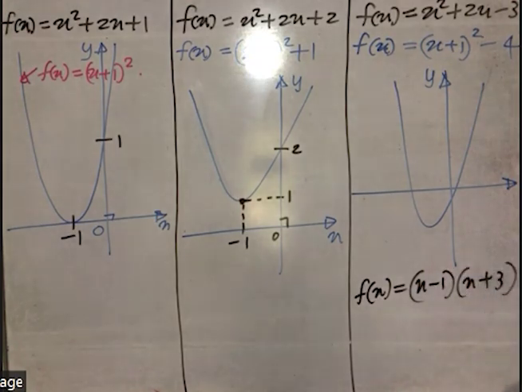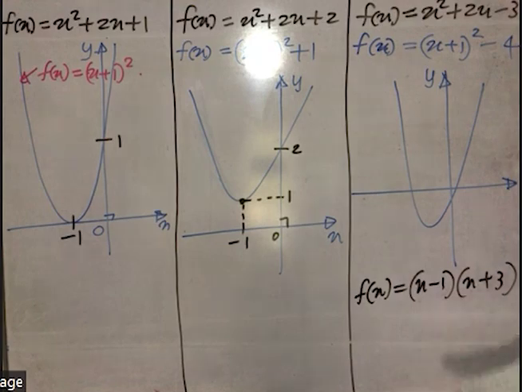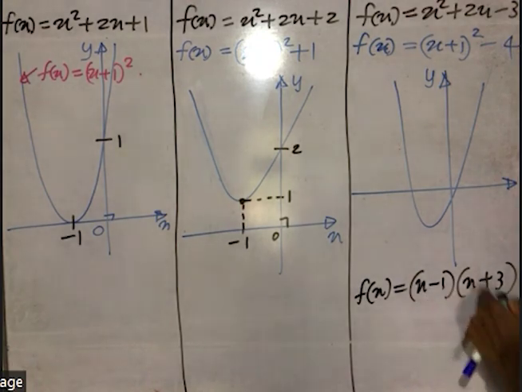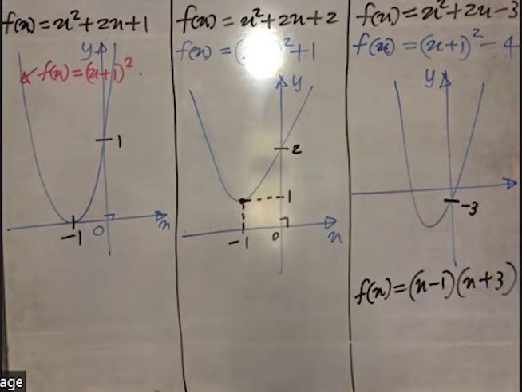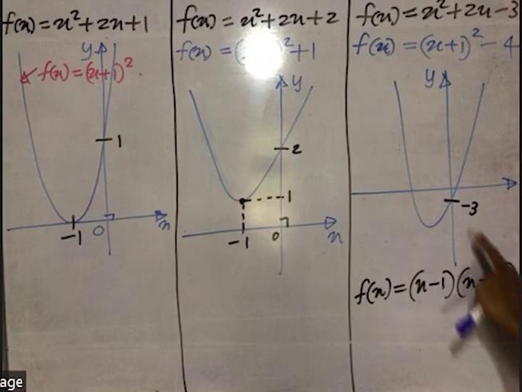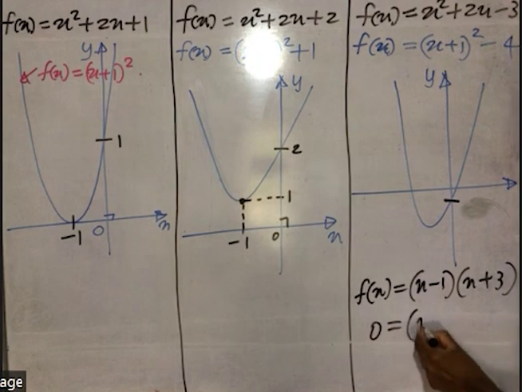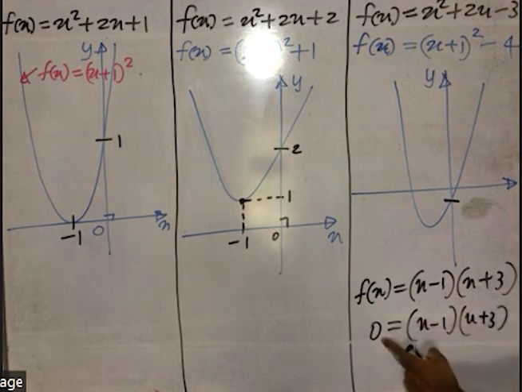So if you put x equal to 0, you will get the intersection point of the y-axis. When x equal to 0, this will become minus 3. So here the intersection point is minus 3. When y equal to 0, you will get the intersection points of the x-axis. Here there are two factors.